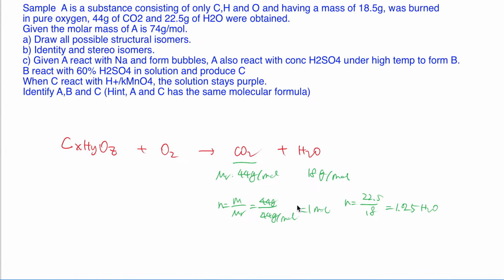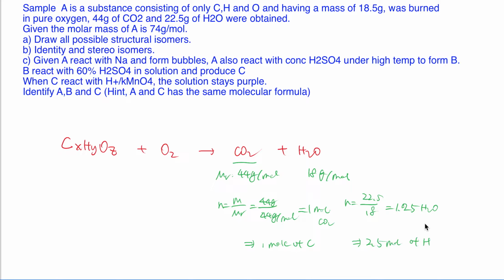So you get 1 mole of carbon dioxide, which means you get 1 mole of carbon, and 1.25 moles of water, which gives you 2.5 moles of hydrogen.